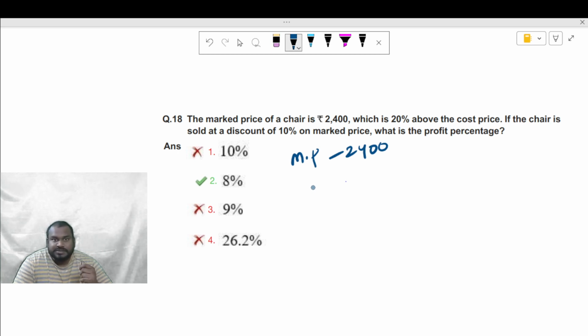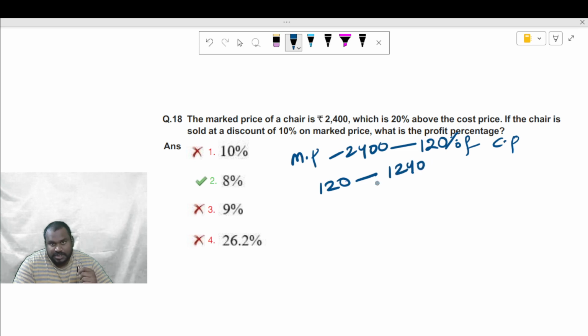The market price of a chair is 2,400, which is 20% above the cost price. 20% above means this is 120% of cost price. If the chair is sold at a discount of 10%, so now I can conclude 120% is 2,400.